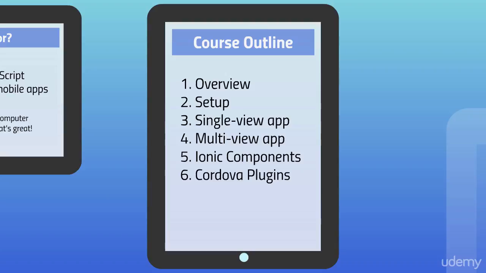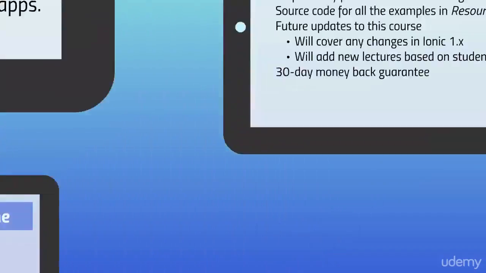The last 2 sections are more like a catalog of smaller examples, covering many different features that we didn't use in the first 2 apps. We'll cover more Ionic components like tabs and side menus, and then Cordova plugins that are add-ons that allow you to access native device APIs like the phone camera.